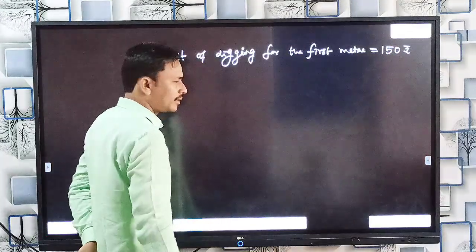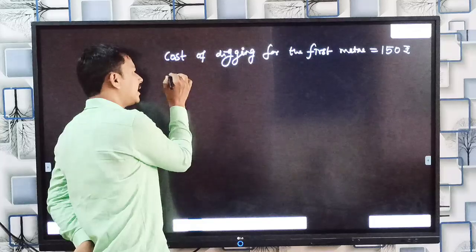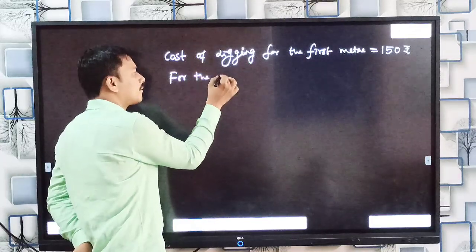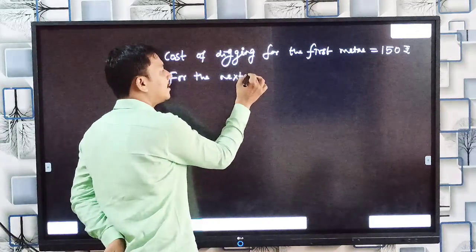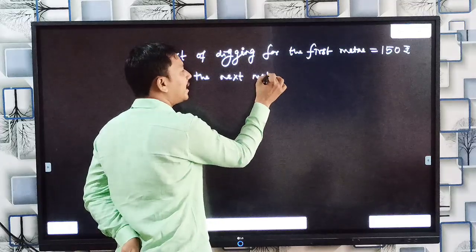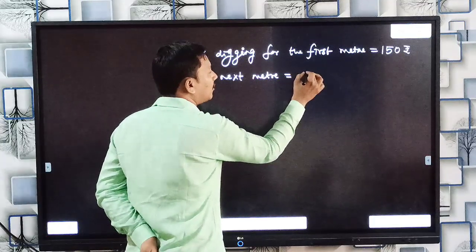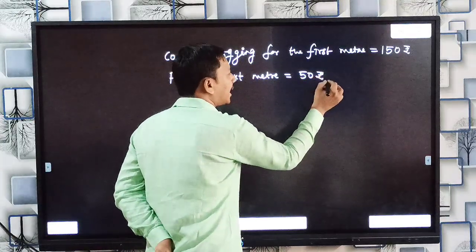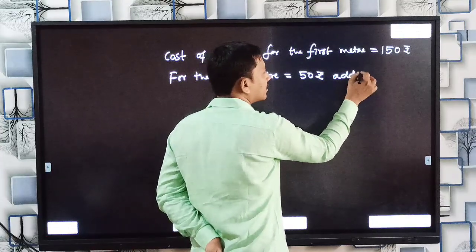Correct? Then for the next meter, it is 50 rupees additional. Correct?